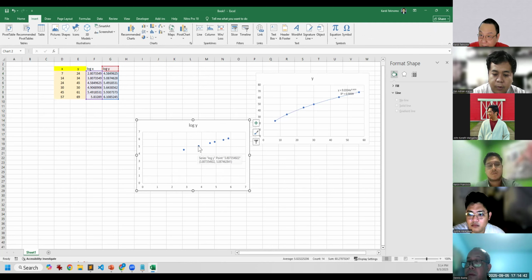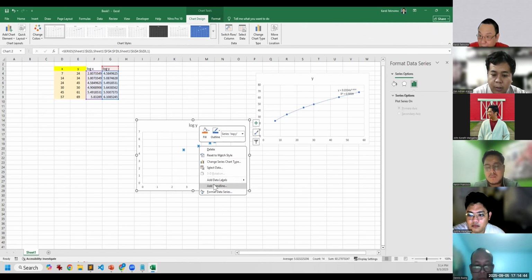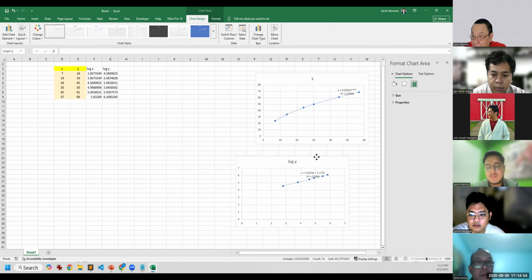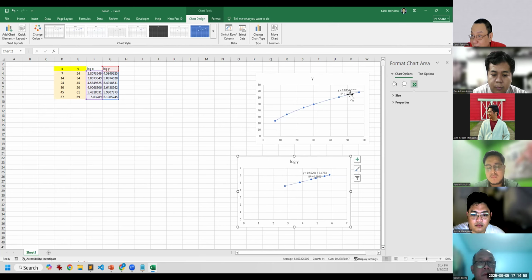You will see this if you add the trend line here. You will get exactly linear, with exactly the same r square.